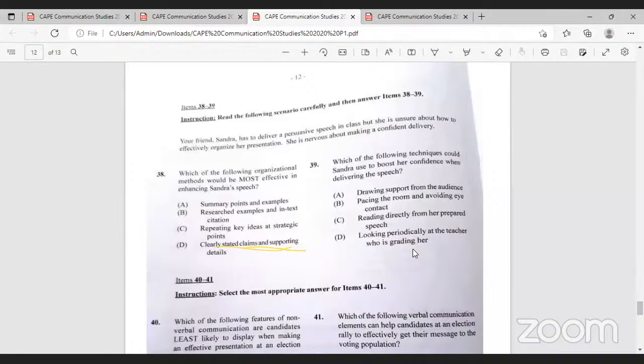Summary points and examples, research examples and in-text citation, repeating key ideas at strategic points, or clearly stated claims and supporting details. Which one is the most effective? So she's delivering it orally. Everybody, for 38, the answer is C, repeating key ideas.